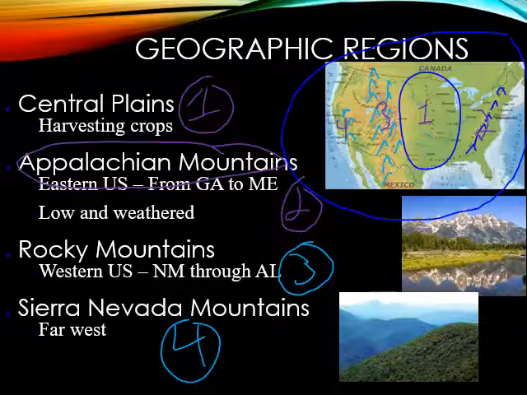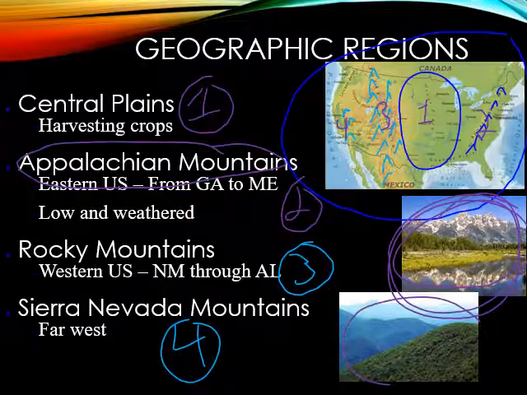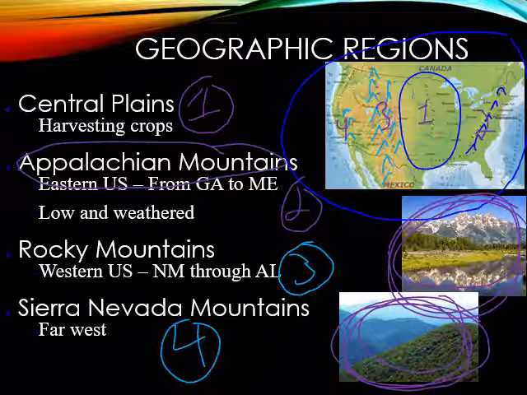They look a lot like those Rocky Mountains, and the thing about these mountains is they're sharp, and they're made out of rocks, and they're really high, and so they're fairly new mountains. They don't have that old style weathered look to them. So if we look at the 2 different types of mountains, these are the sharp ones right here, this picture, and then this picture down here is more of the Appalachian type, big hills covered in trees.